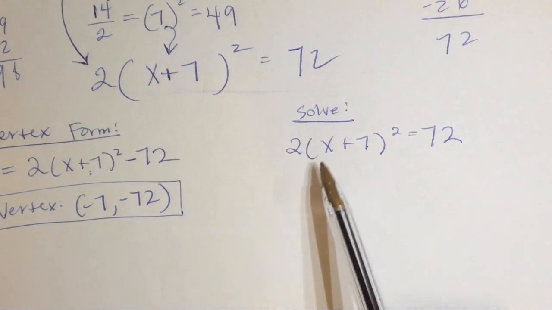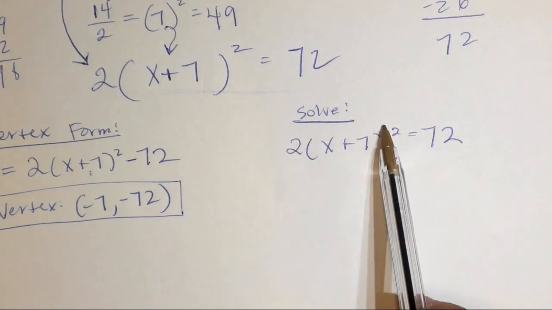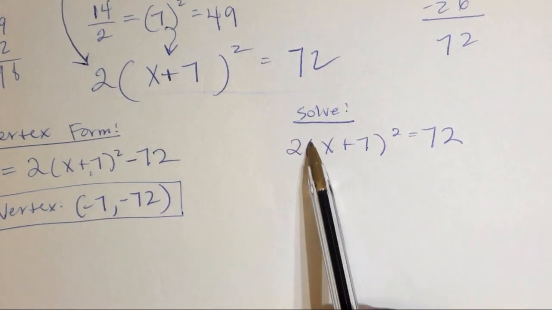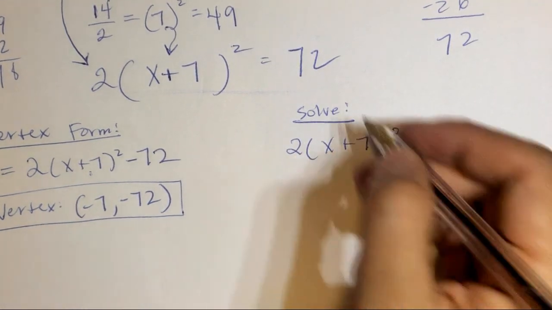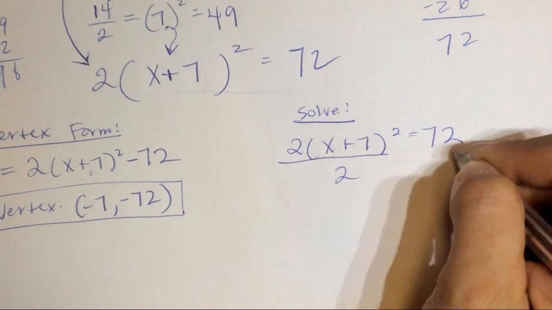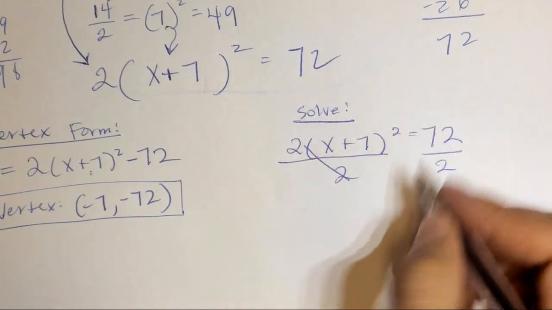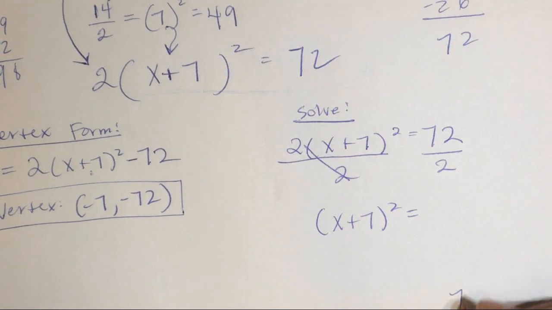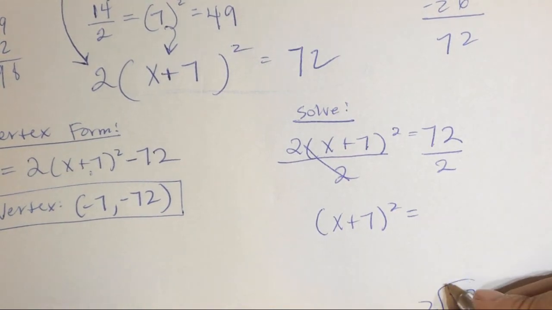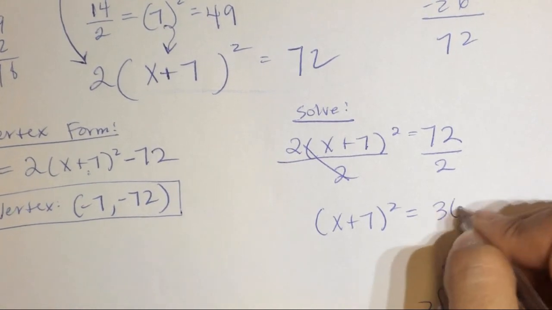Now, like the last problem, I took the square root first, but I can't do that just yet, because what is in front of this parentheses? A 2. So I need to divide by 2 first. So I get x plus 7 squared equals 72 divided by 2, which is 36.